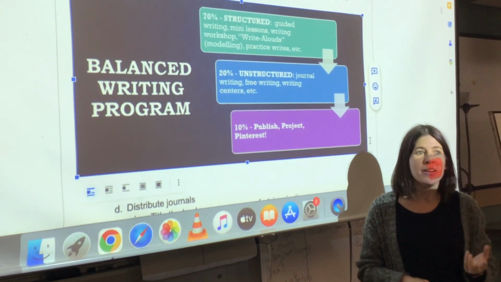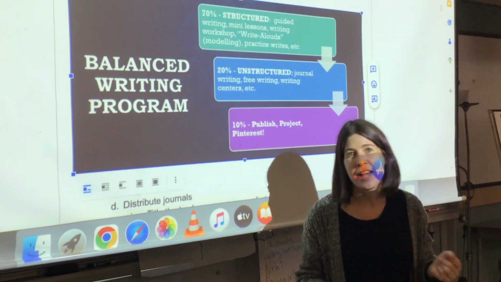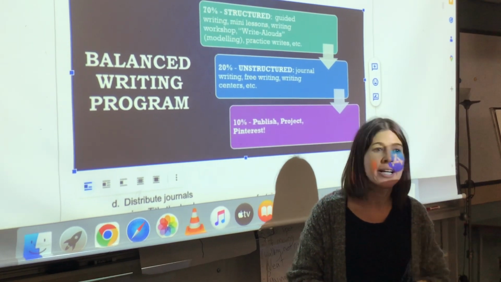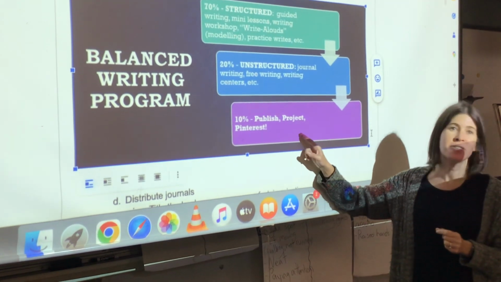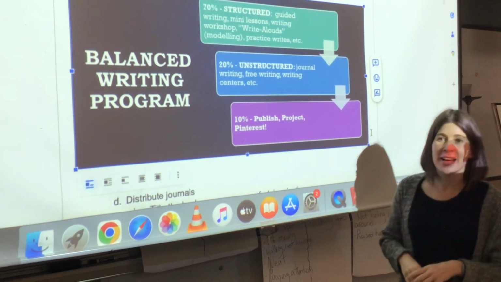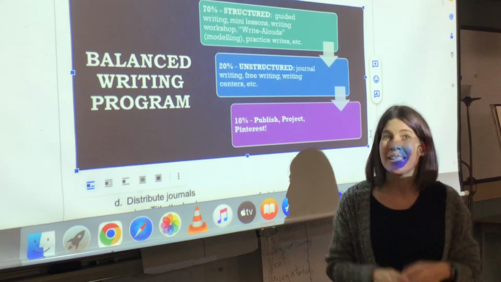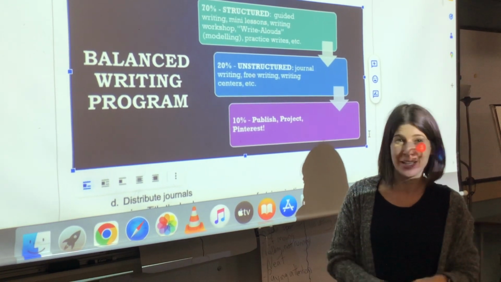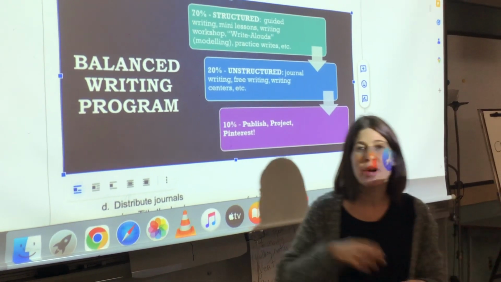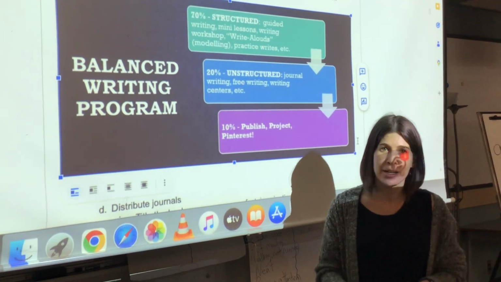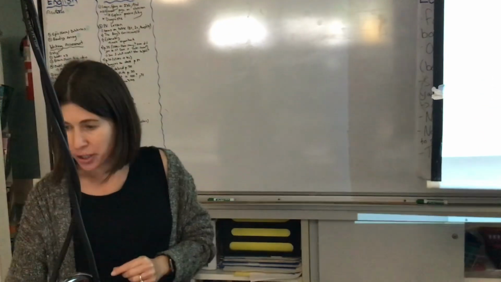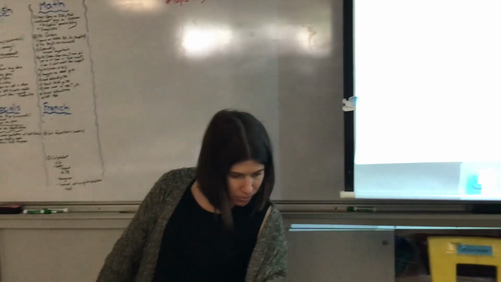So I'm thinking, on Fridays during silent reading, I'll say, if you want to write in a journal, you can do so at that time. Only 10% publish. So you only should be marking like 10% of that writing. At least I would say maybe one writing assignment per term, but you don't need to be marking everything they write all the time.